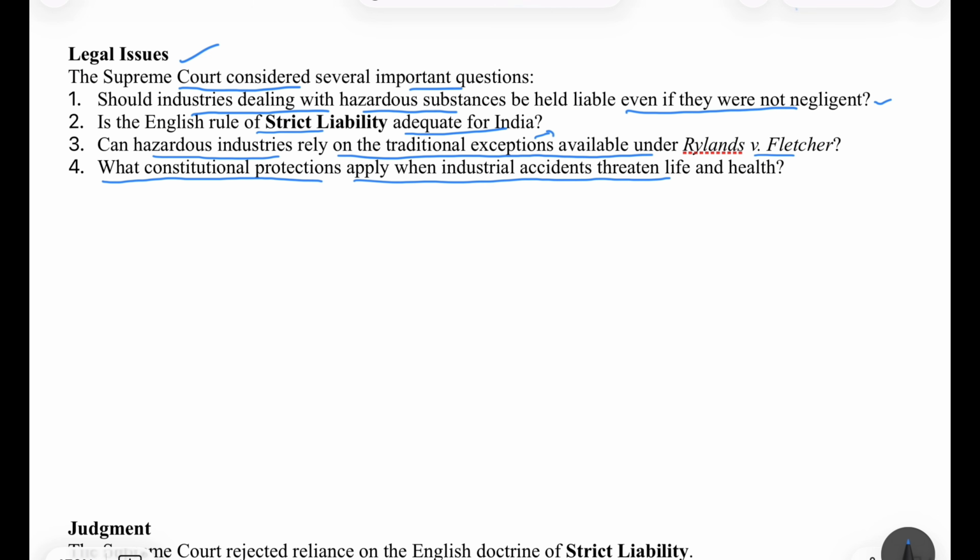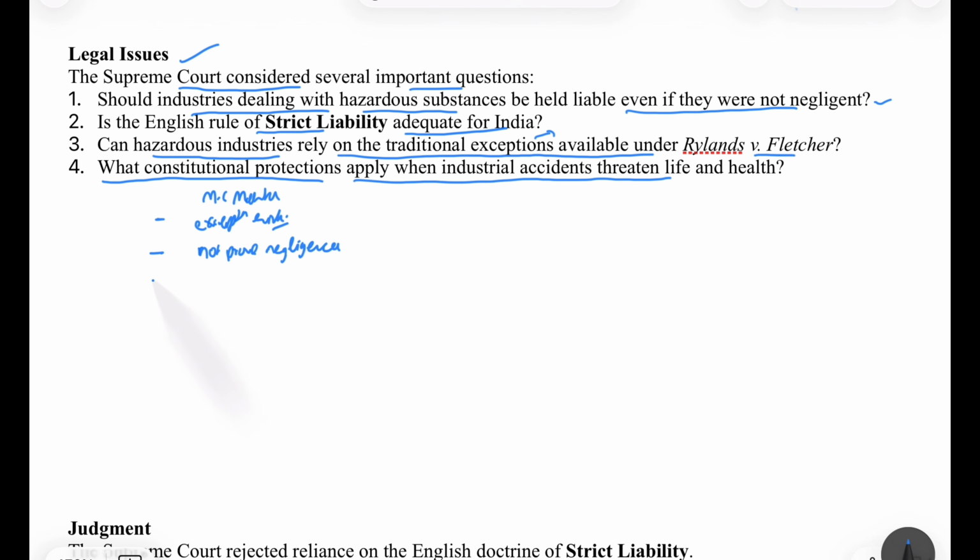But what are the arguments? Arguments on behalf of the petitioner. The petitioner is MC Mehta. He argued that, firstly, hazardous industries create exceptional risk, and victims should not have to prove negligence.